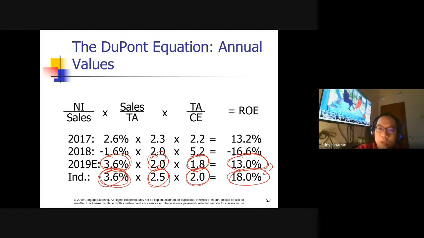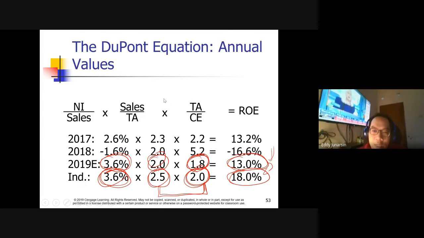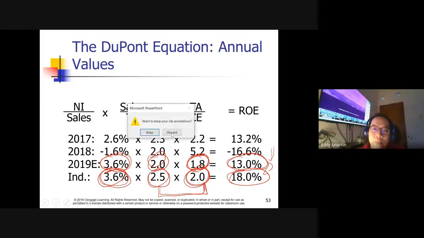So lower debt ratio means you are less aggressive than the industry average. So these two components actually affect the ROI of the company. That's why the end result here, the ROI of the company is lower than that of the industry average. So now we know that the asset management efficiency is not as strong as the industry average, and the use of debt financing is also lower, so it's not as aggressive as the industry average.